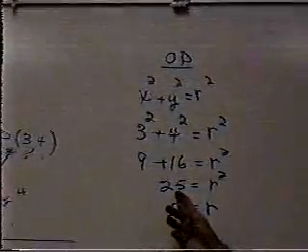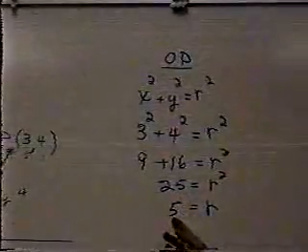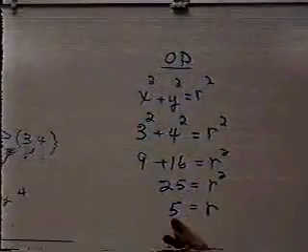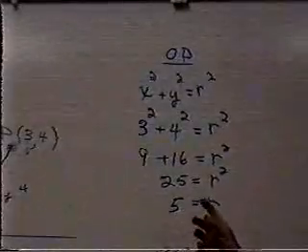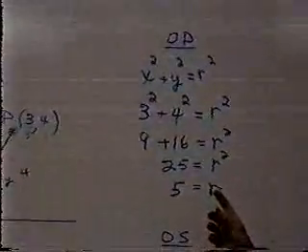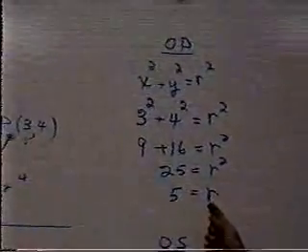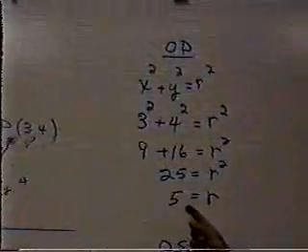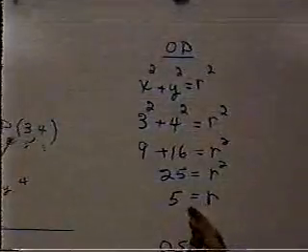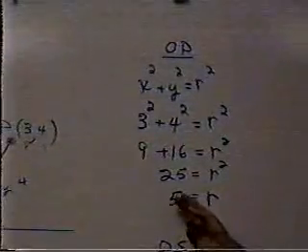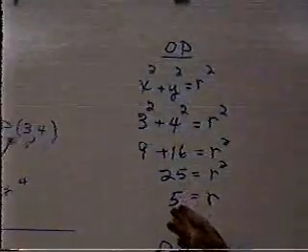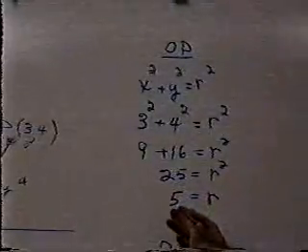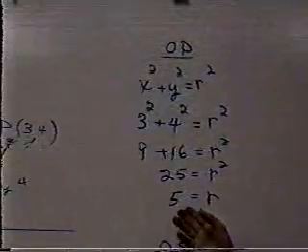The answer is a positive 5 because there is a statement you must always remember, and that is the radius vector r is always positive. R is always positive. Remember that. So we take the square root of 25, or the square root of whatever this number is, and that answer is equal to r. Positive. R is always positive.